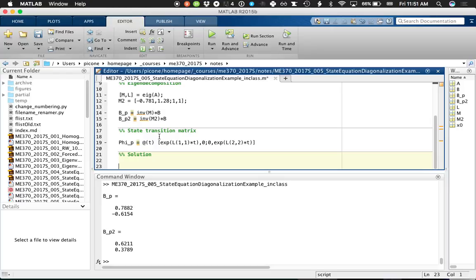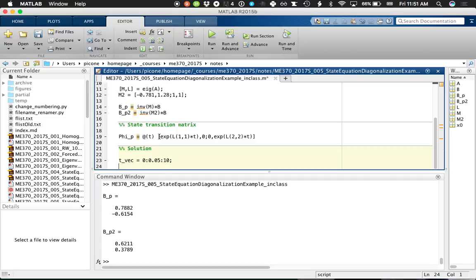So let's do that. I will define a t vector, and it's going to go from 0 in increments of 0.05 up to 10. And I'll pre-allocate an x solution vector, which is going to just be NaNs times 1s.